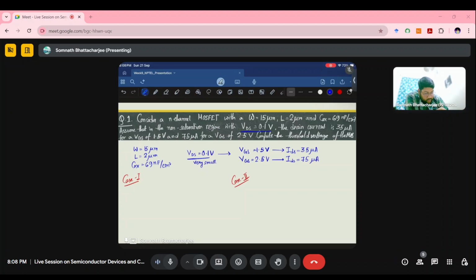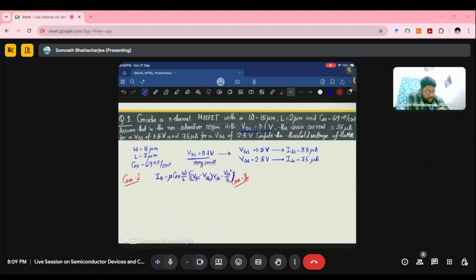We know the value of ID is nothing but mobility Cox W by L, VGS minus VTH multiplied by VDS minus VDS square by 2. As VDS is very small, the square of this term will be very, very small.